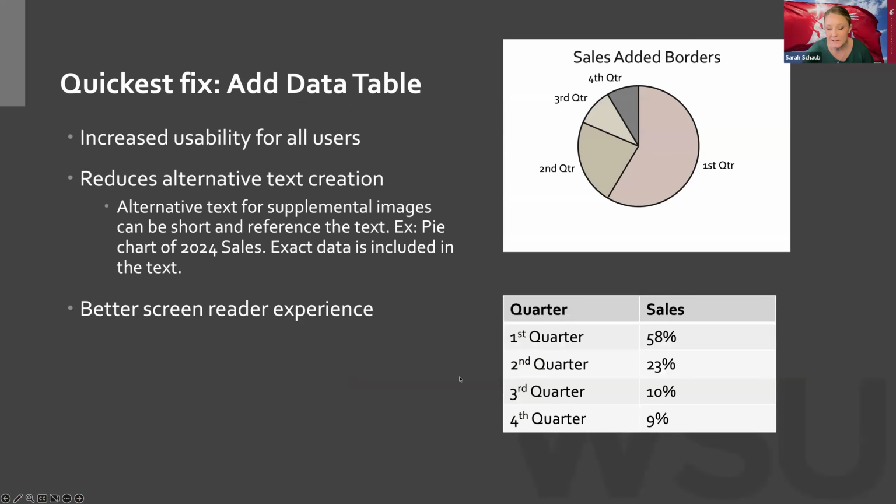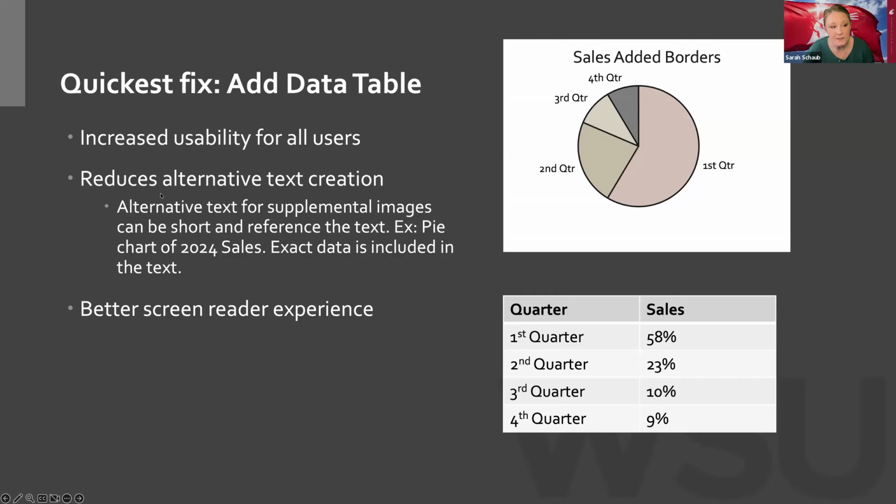So the quickest fix, like I just mentioned, is adding a data table. So below the example, the sales added with borders, I've added a table that includes the quarter and the sales information. So just adding that table alone makes it so that your pie chart is then considered an alternative format, and you don't need to make any changes to it.